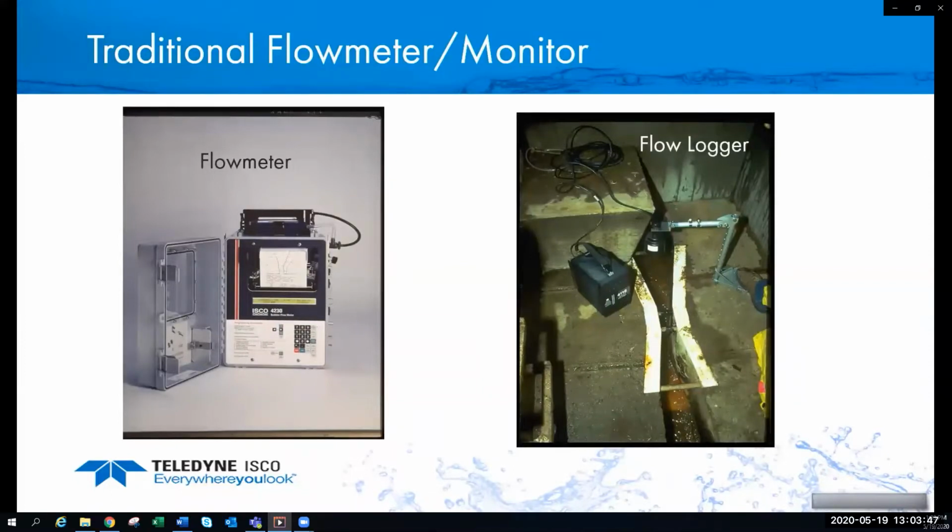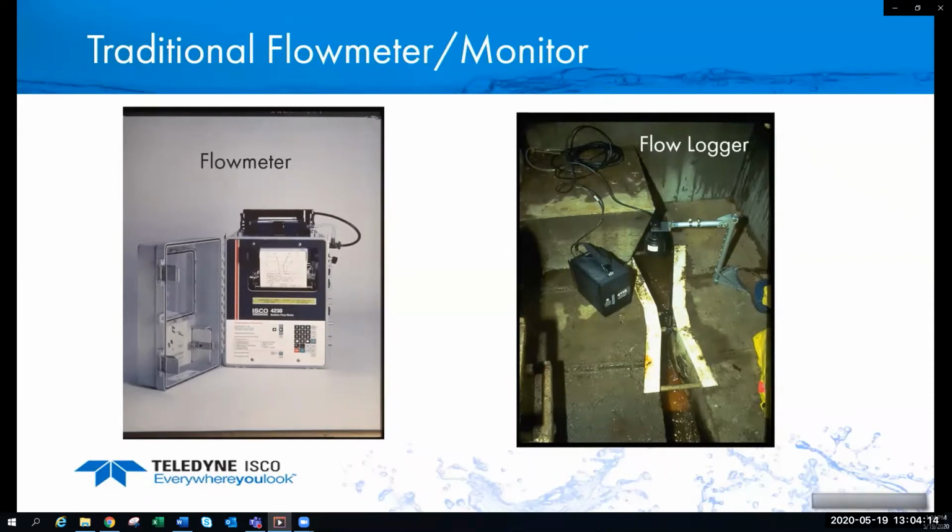Some of you that have been around for a while might look at some of the traditional flow meters or flow monitors. The one on the left is a traditional flow meter. The way that thing worked was it had the sensor technology, a built-in printer, keypad and display, so you could visually see what's going on, but there were very few diagnostic capabilities available. It gave you a number and you either went with that number or you didn't.